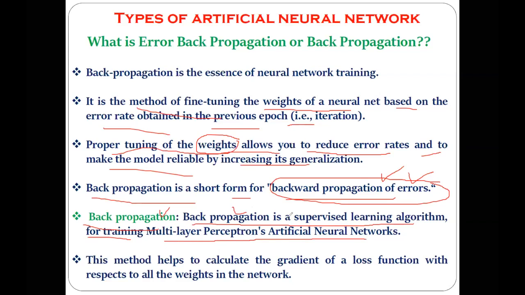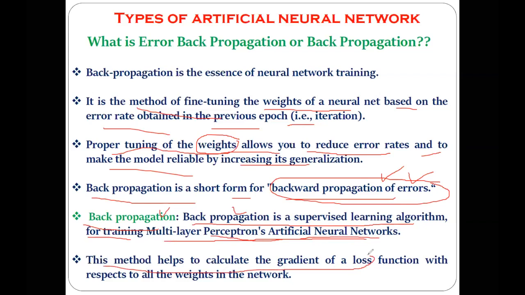In the supervised learning lecture, the teacher is teaching something to the agent again and again, and the agent is learning and trying to perform some activity again. Is it like that? Yes or no? Yes, sir. So that is what I have mentioned: back propagation is the supervised learning algorithm for training multi-layer perceptron artificial neural networks. Okay. So this method helps to calculate the gradient.